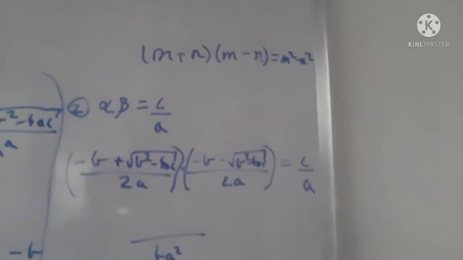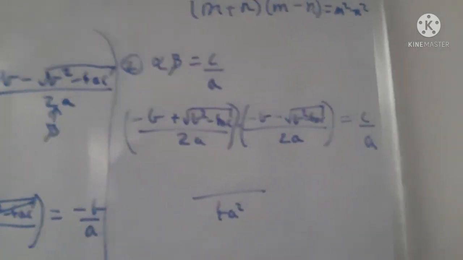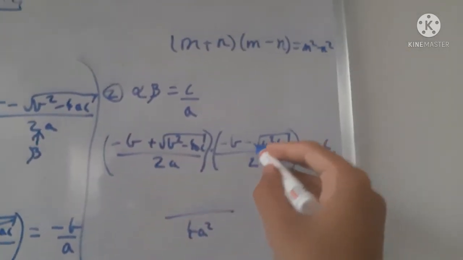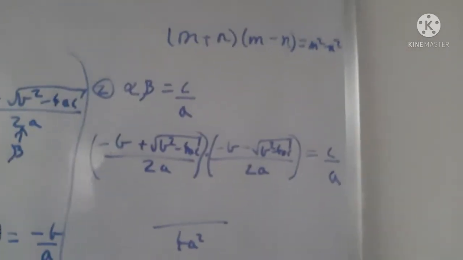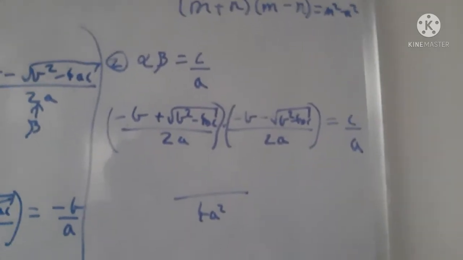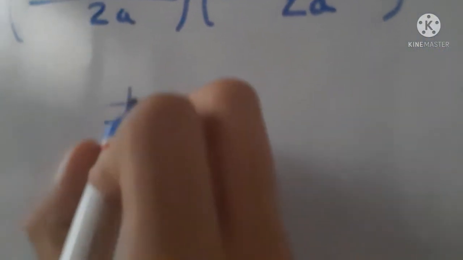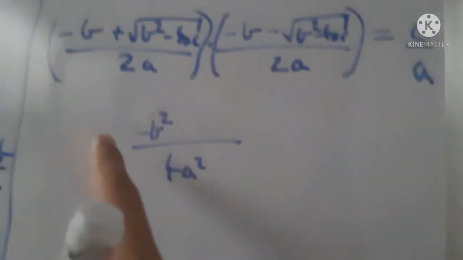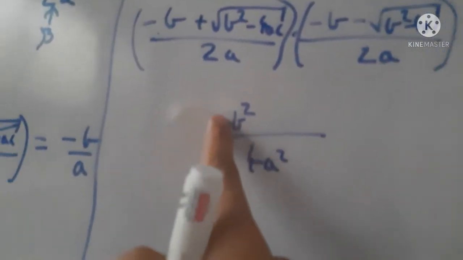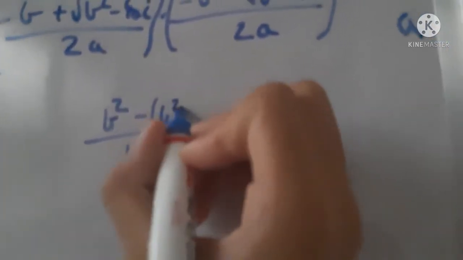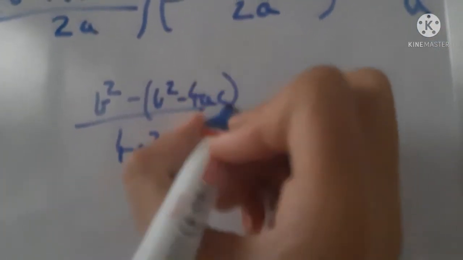That's a well-known identity, the difference of squares. If we say that this is m and the square root of the discriminant is n, then it's easy to see that this is equal to b squared minus the quantity b squared minus 4ac.